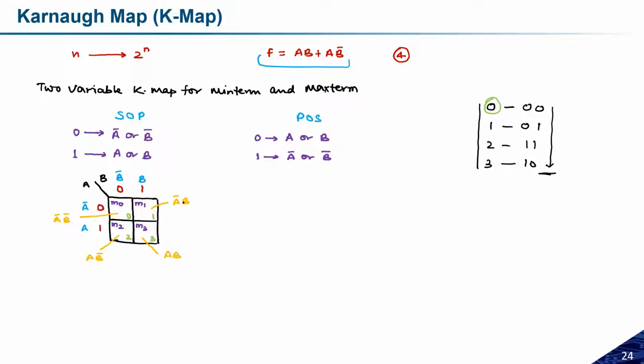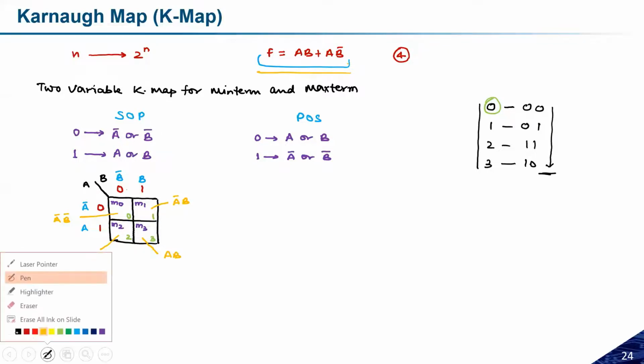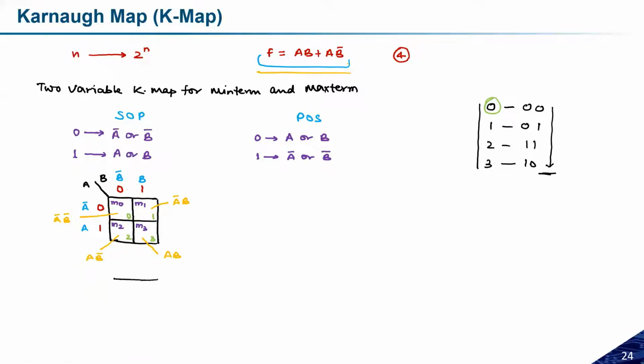Now, if I have a function f = AB + AB bar, which of the cells will be 1? Let us see. Let me draw it again. Here I have B, 0, 1, and 0, 1.